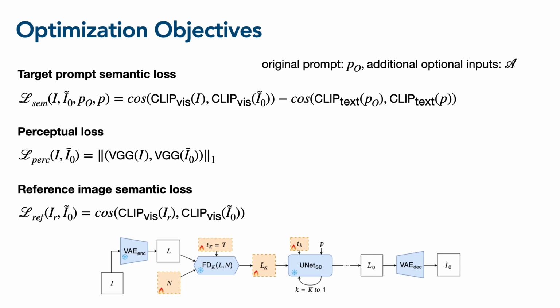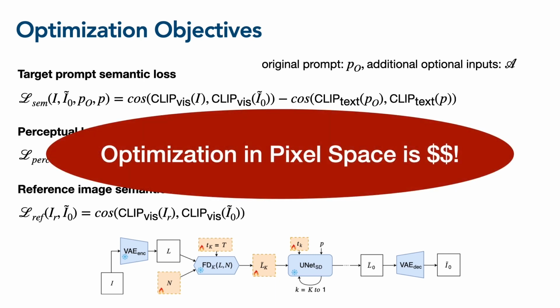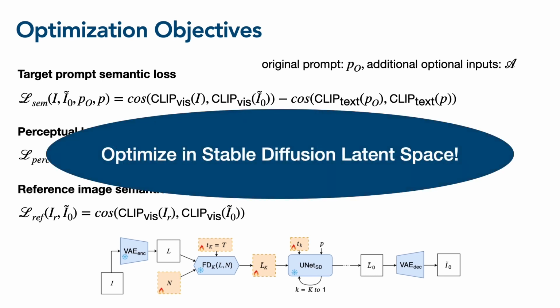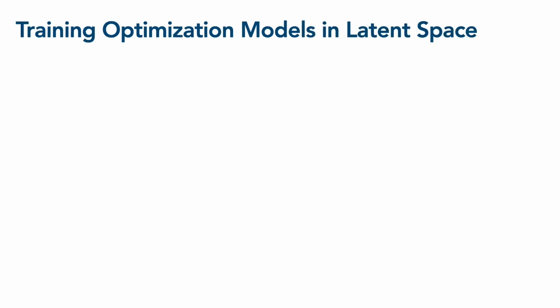But one major problem with these objectives is that the optimization happens in the pixel space, which is very expensive with higher resolution images. So we propose to perform optimization in the latent space, which is not only more compact, but also avoids a layer of indirection caused by the VAE. The problem with this approach is that the CLIP and the VGG models operate in the pixel space.